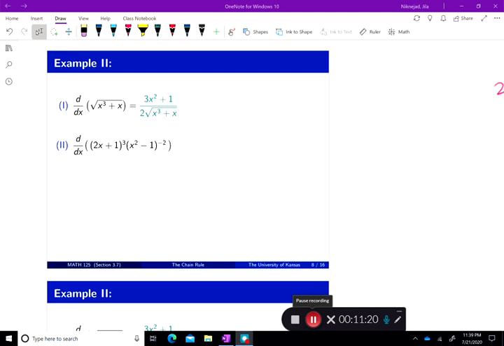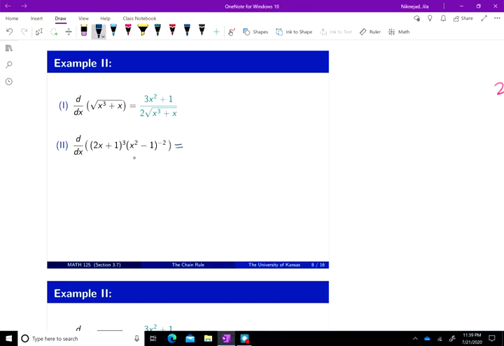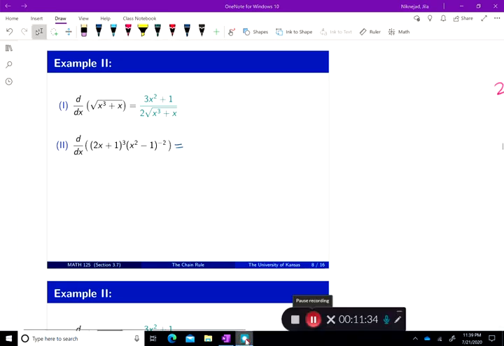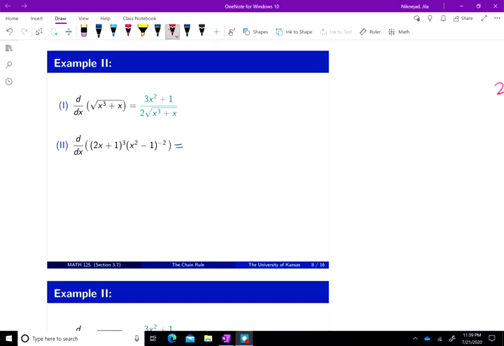The chain rule is combined with other rules, and so other techniques also. This is an example. You see that there is a product rule. You're basically starting with a product of 2x plus 3. Let's see, this is the first function, and that's the second function.